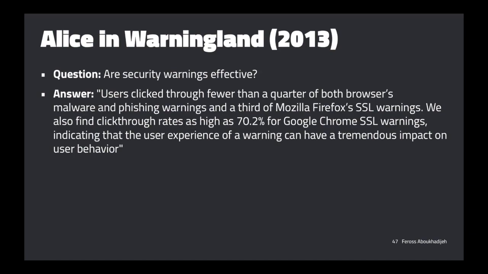So that's a bunch of users who aren't going to this potentially dangerous site that the browser is warning them about. And then in particular, the Chrome SSL warnings used to be really bad, and 70% of users would click through those, which is a very high number.